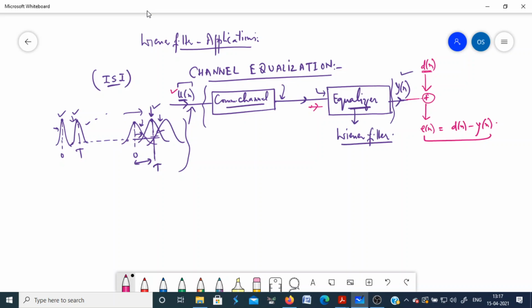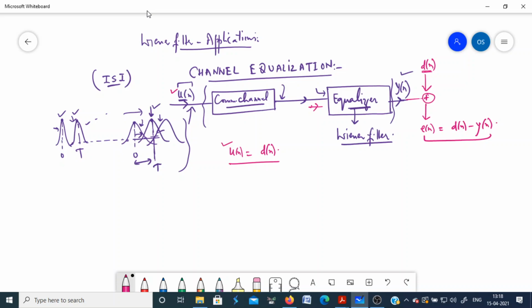Okay, so we assume that your un is basically equal to dn. It means what the transmitter is transmitting is known to the receiver. So dn is the desired response, which is the same as un, and how you can do that we will discuss. So dn is equal to un, and yn is the output of this equalizer.